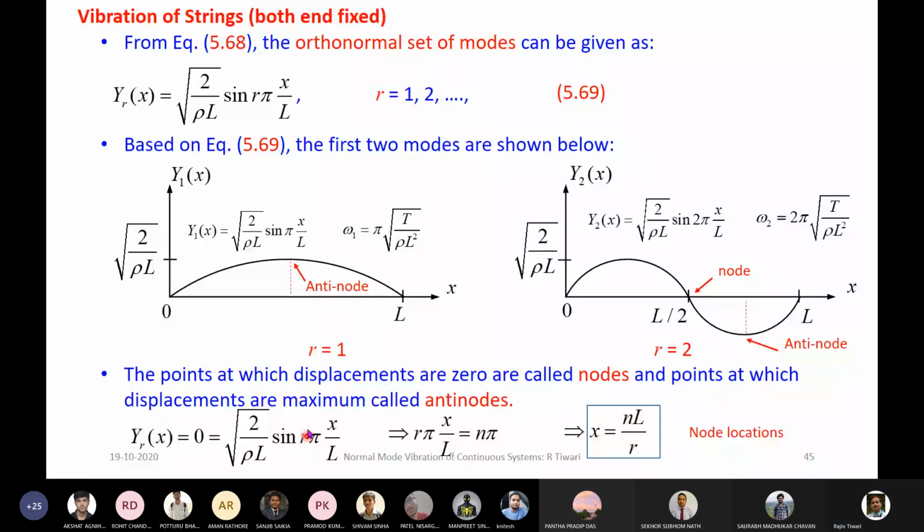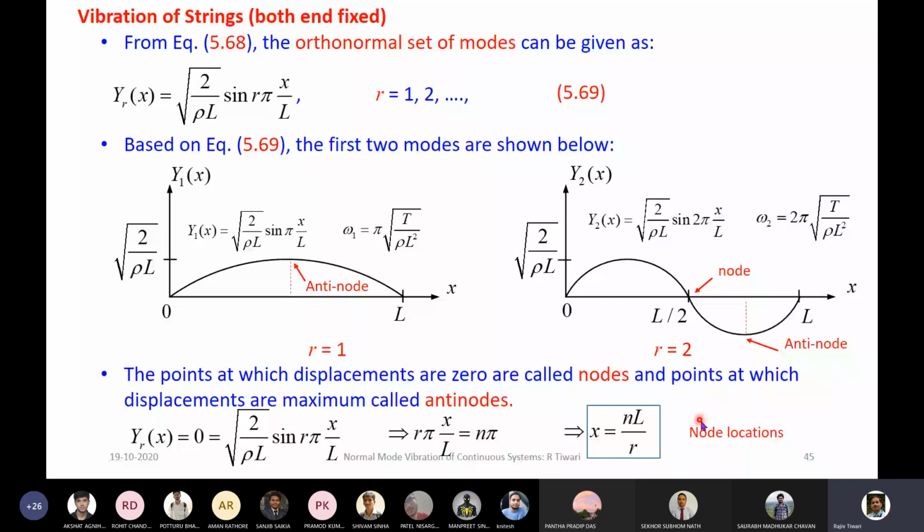So n L by r will be the node location. This holds for any n, like n equal to 1 or n equal to 2, and the corresponding locations we can get from here.